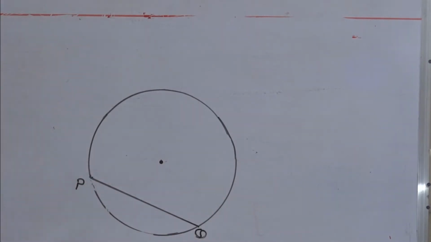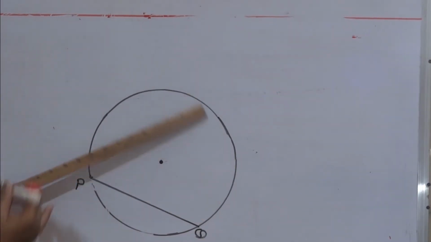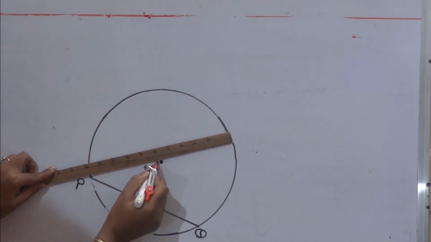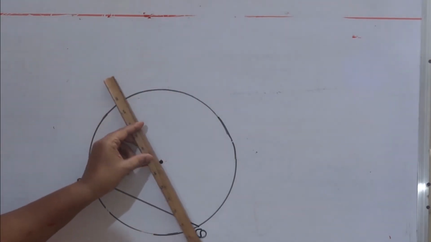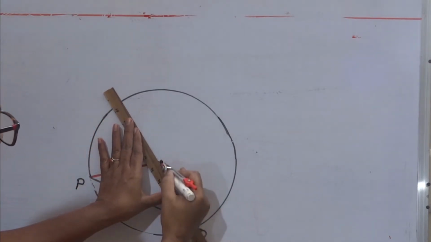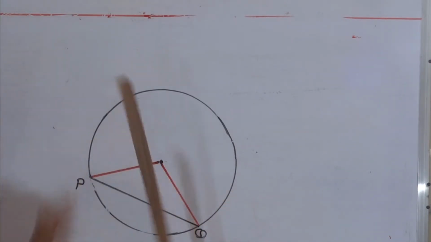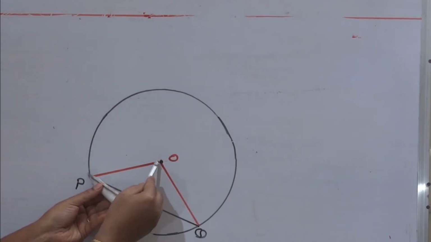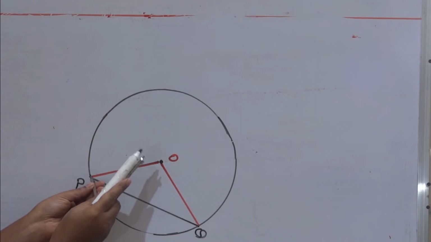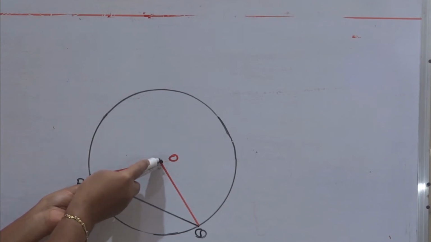Now we have to make the tangent at point P and at point Q. Join the point P and Q to the center. Take this radius and draw a semicircle.